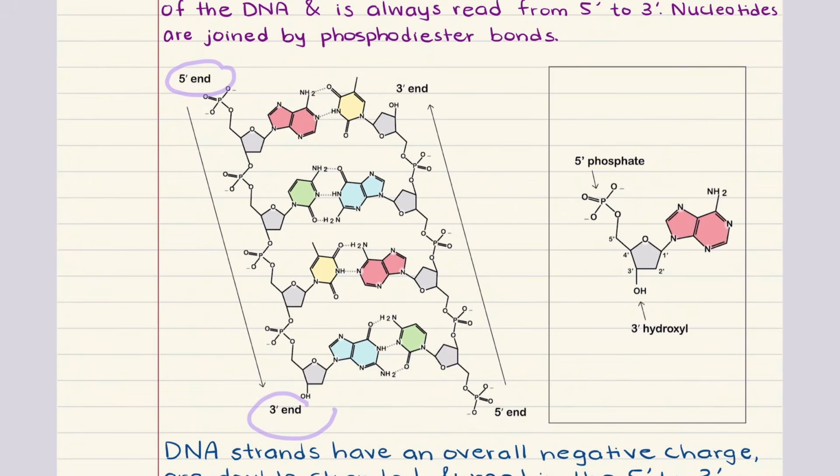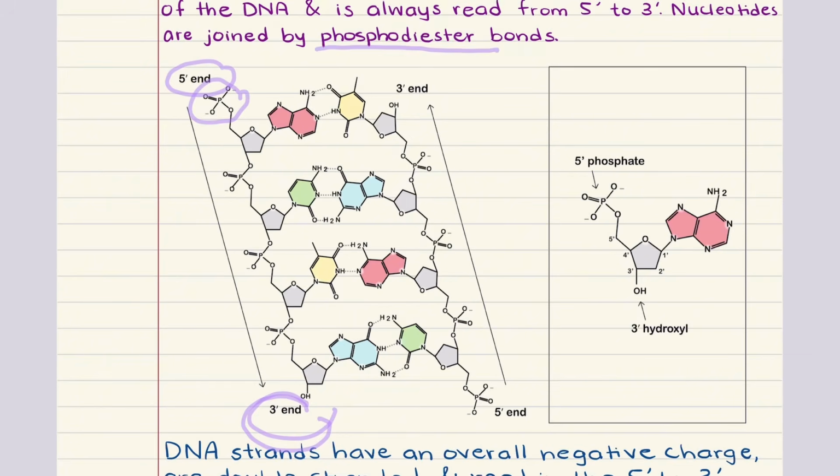Now, where do those numbers come from? They refer to the carbon positions on the sugar. The 5' carbon is where the phosphate group attaches, and the 3' carbon is where the next nucleotide connects. The bond that forms between them is called a phosphodiester bond.